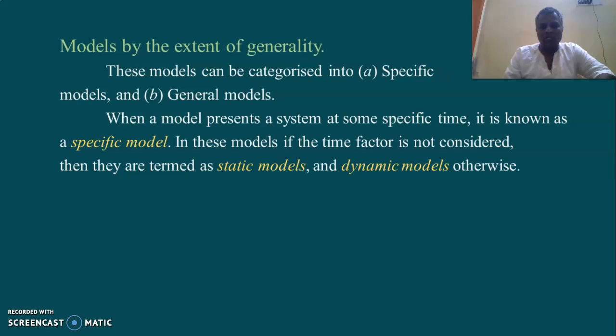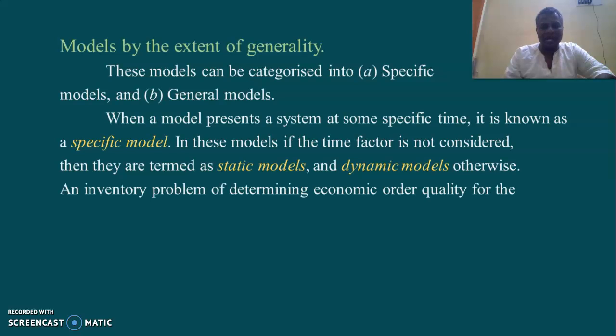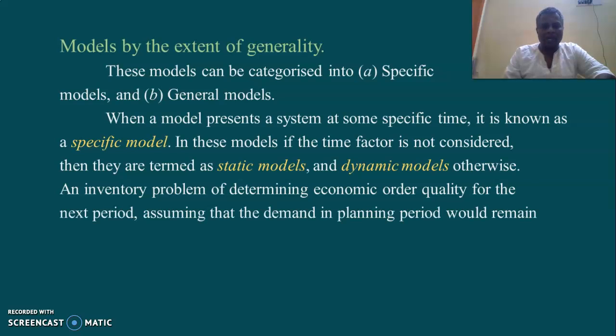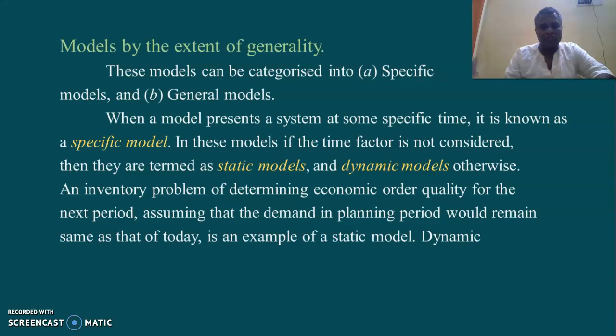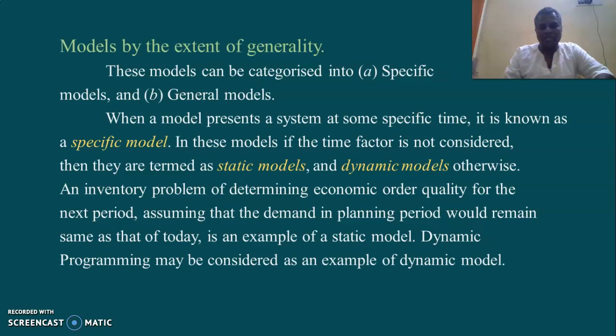In these models, if the time factor is not considered, then they are termed static models, and dynamic models otherwise. Any inventory problem of determining economic order quantity for the next period, assuming that the demand in planning periods would remain the same as that of today, is an example of a static model. Dynamic programming may be considered as an example of a dynamic model.